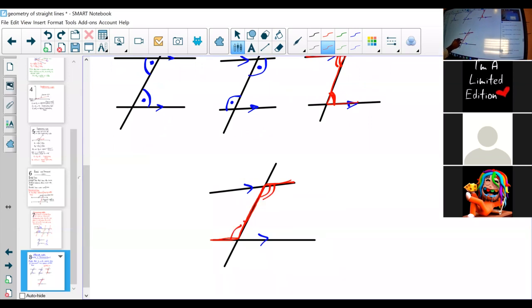It's like a Z. It's an N that you can turn around. So you could have it in any shape. I hope it makes sense.